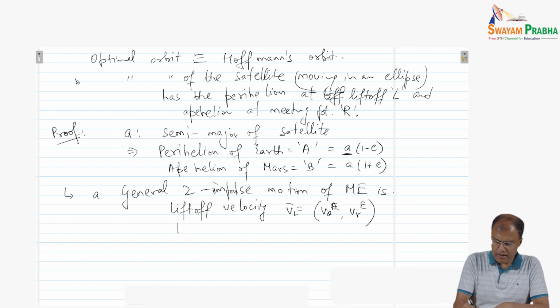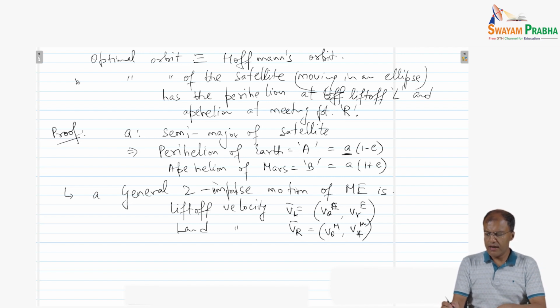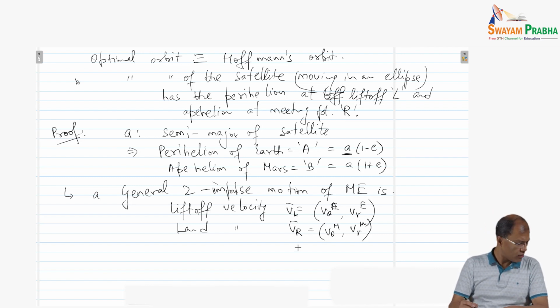And my landing velocity is V theta of M comma VR of M. So these are my liftoff and landing velocities.